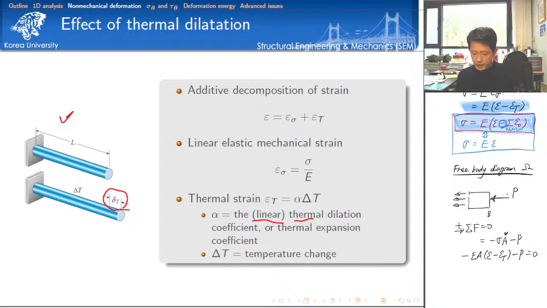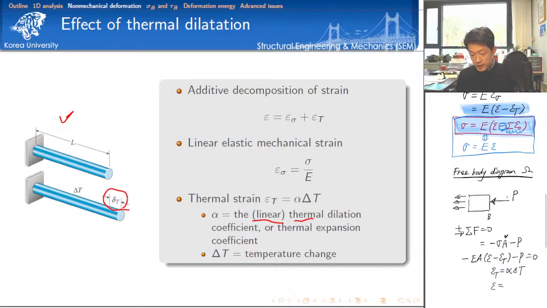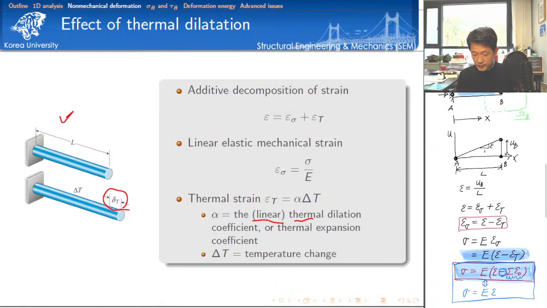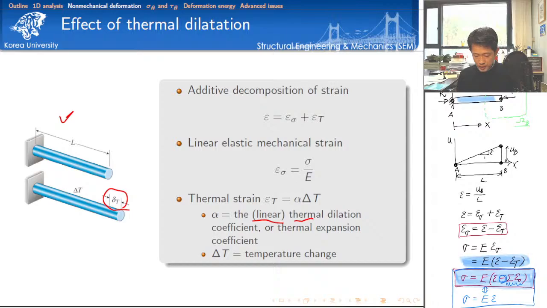Then where is the information of the thermal strain? The thermal strain depends only on the temperature change: the thermal dilatation alpha times delta T. And how about the total strain? The total strain is subjected to the displacement compatibility. Where is it? Here.